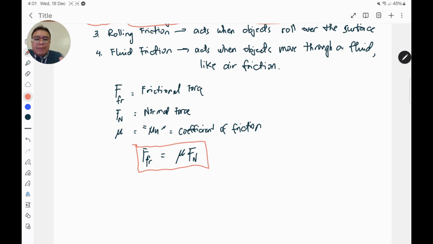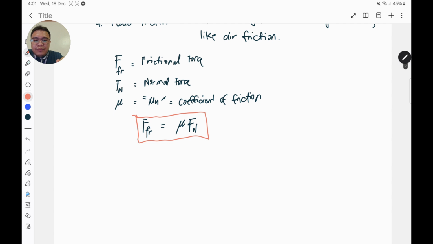Depending on the type of friction that is involved, we can denote mu as either static friction or kinetic friction. To distinguish between the two, I'm going to use mu with an s subscript for static friction, and I'm going to denote mu with a k subscript as your kinetic friction.